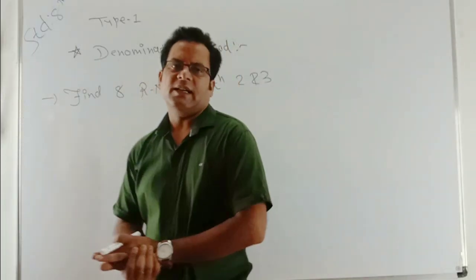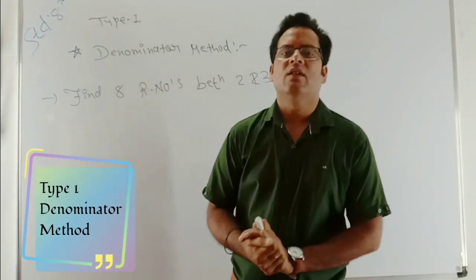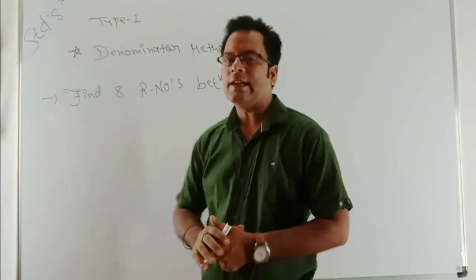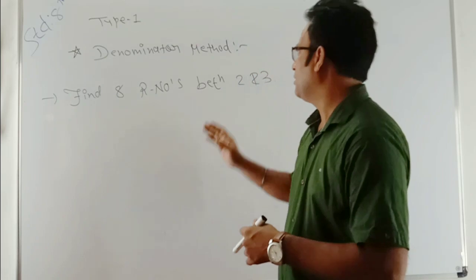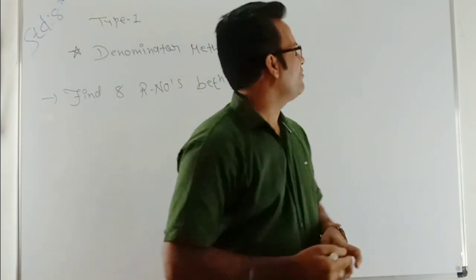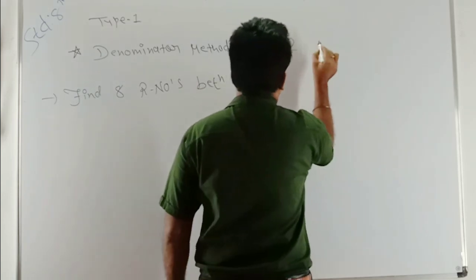And now type 1, that is called denominator method. Students, here you have to find 8 rational numbers between 2 and 3. Between 2 and 3, how much gap is there?